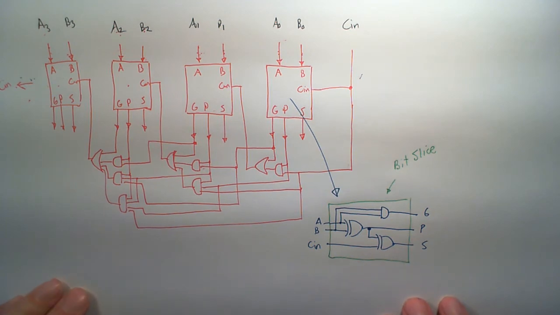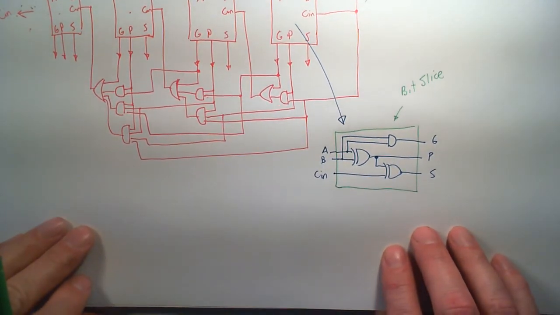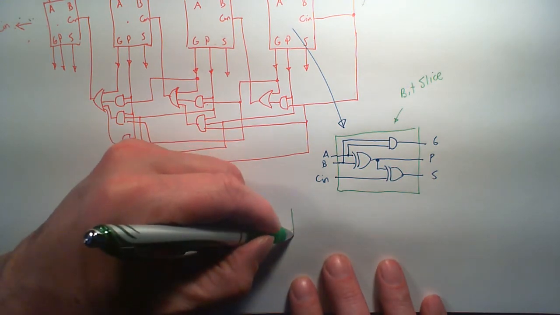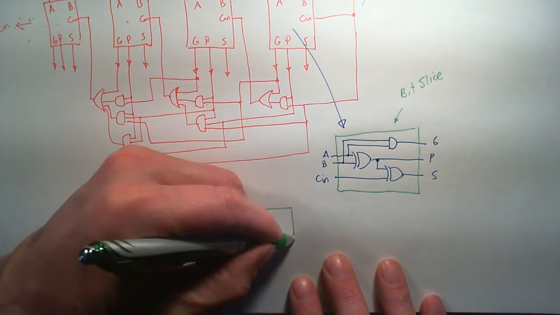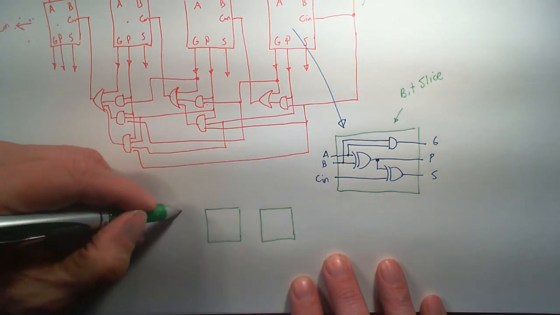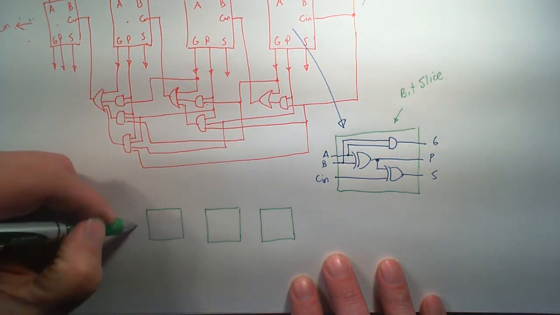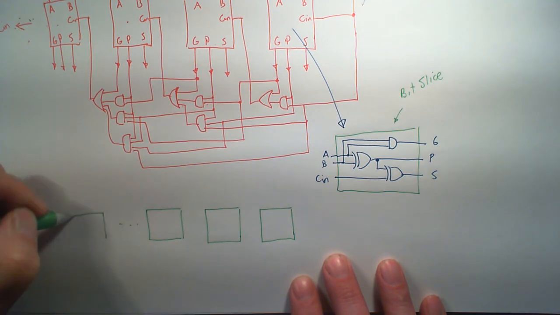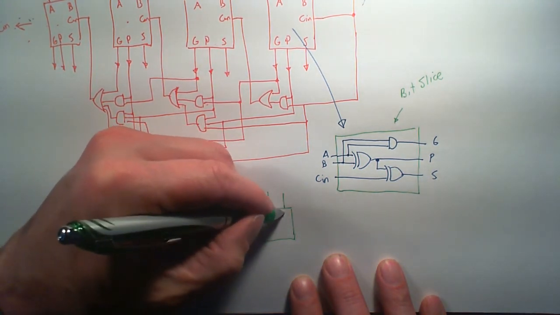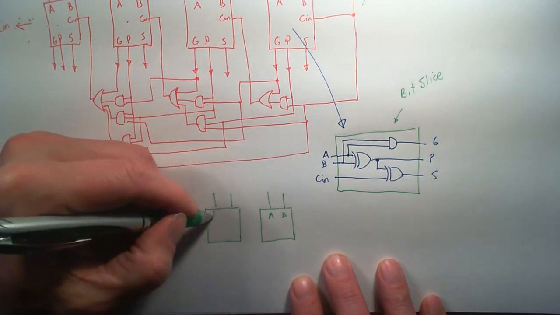And now this new bit slice circuit could be used in a combined circuit that kind of looks like this. I'd have bit slice stages. I'll draw 4 of them that each have an A and B input for the operand bits.